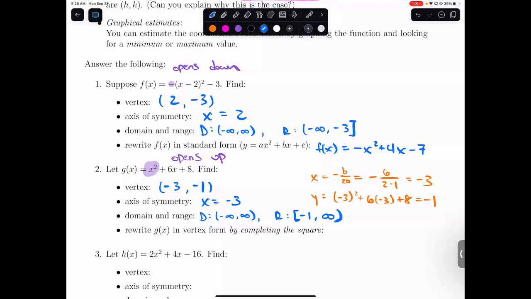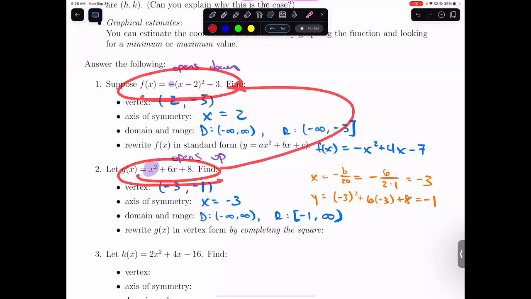Rewriting this in vertex form by completing the square. I've italicized completing the square, you may notice. You can think of that like a proper noun if you want. It's a specific technique that we're going to use to get from something that looks like this to something that looks like that.